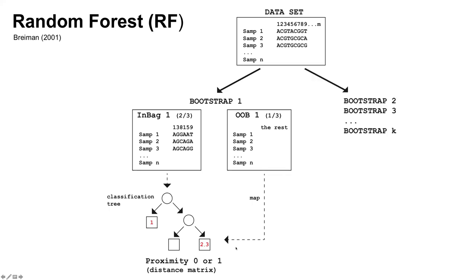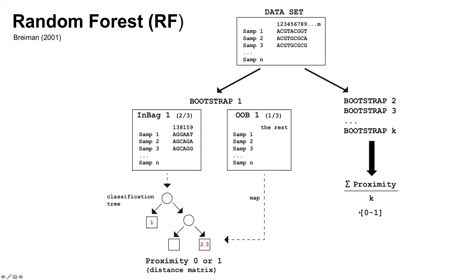We do this over hundreds, maybe thousands of bootstraps. So we have hundreds or thousands of these proximity matrices that we then sum up and take an average. So we end up with 1 proximity matrix where each of the values ranges from 0 to 1.